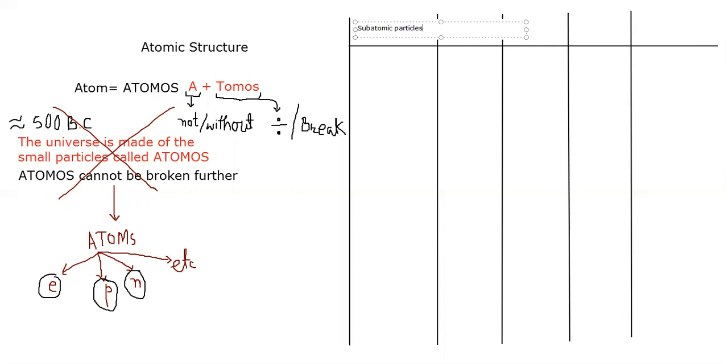These are the subatomic particles that you need to understand here. What are the subatomic particles? These are the three main subatomic particles. Number one, electron.